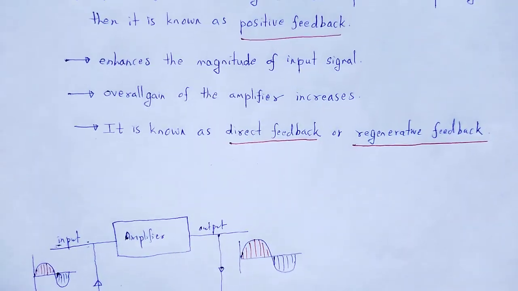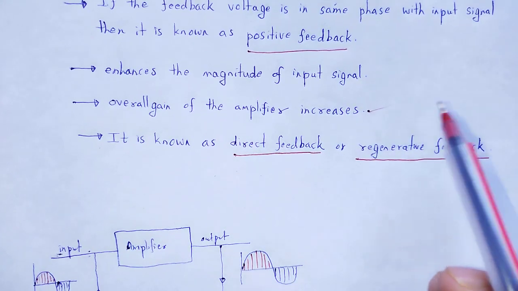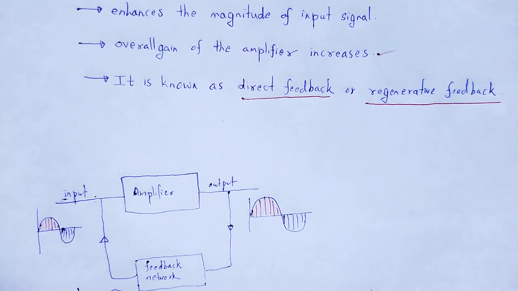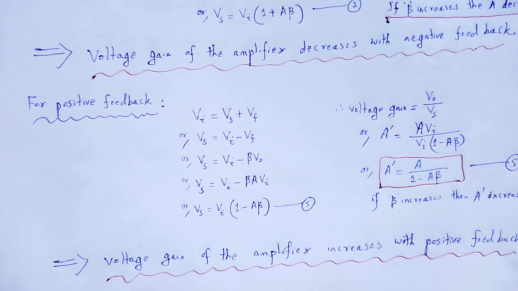As we mentioned, the overall gain of the amplifier increases, and mathematically we show the voltage gain in case of positive feedback.